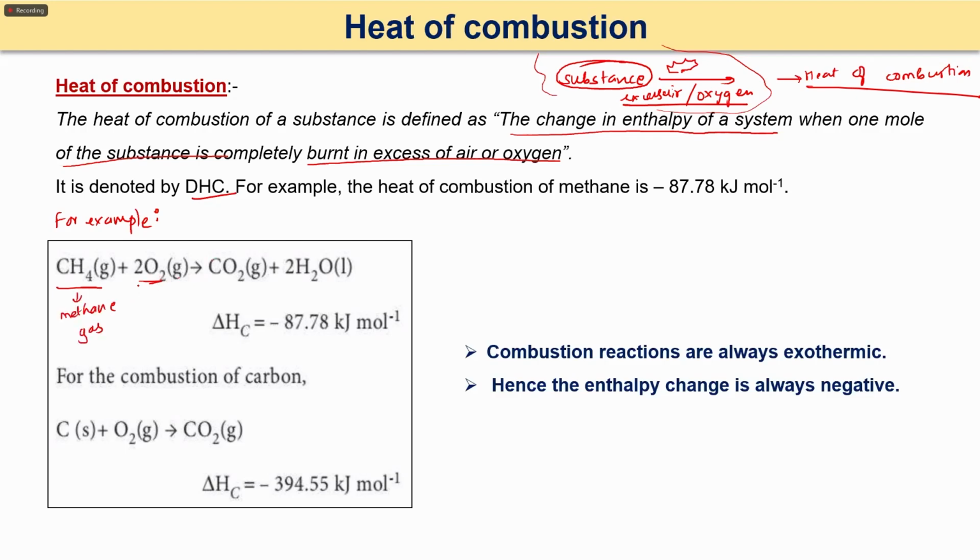It is getting burned in oxygen, and its combustion produces carbon dioxide gas and water. So burning of 1 mole of methane in the presence of oxygen produces carbon dioxide and water.